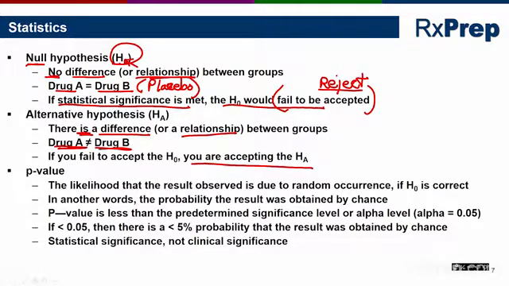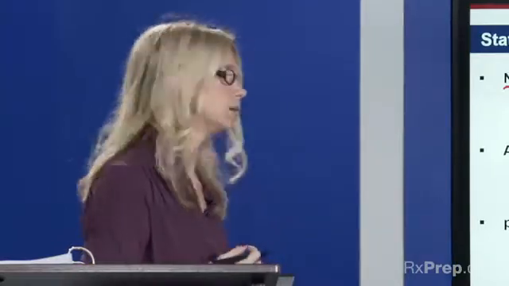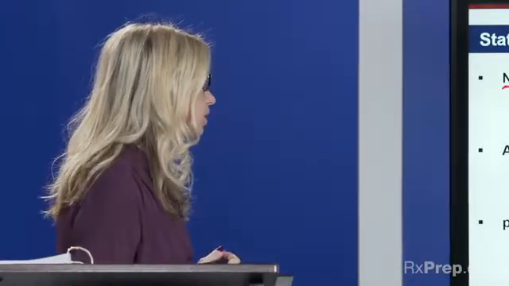One is better. The drug does work at reducing heart attacks. The drug does work at reducing cholesterol. So if we envision that one of the arms is placebo, I think it's easier to gain the concept. Okay, so that's the null and the alternative. So very important to know when you accept the null and when you fail to accept the null, and therefore when you move on to the alternative hypothesis.